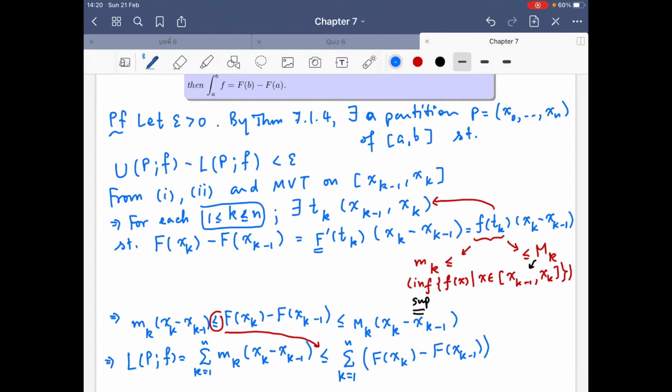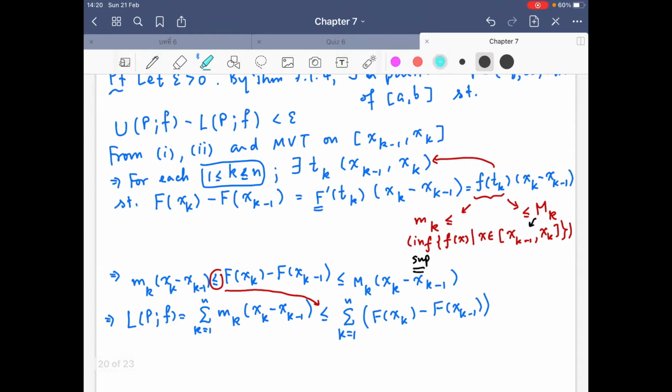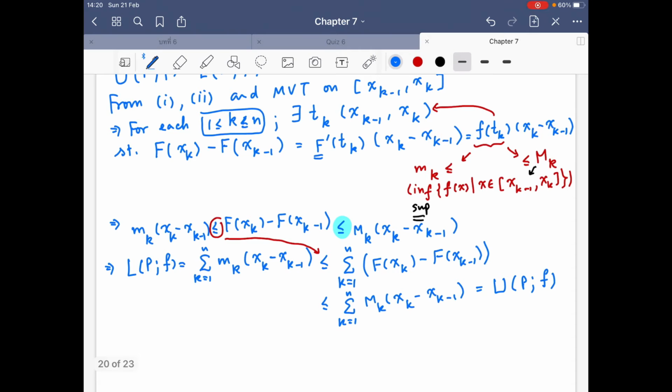And from the next inequality, this will be less than or equal to the summation from 1 to n of capital Mk times xk minus xk minus 1, which is of course the upper sum of this partition. Can you remember this one? We did it several times.